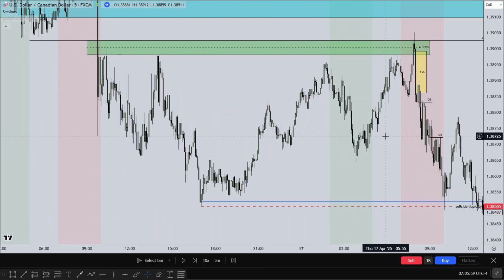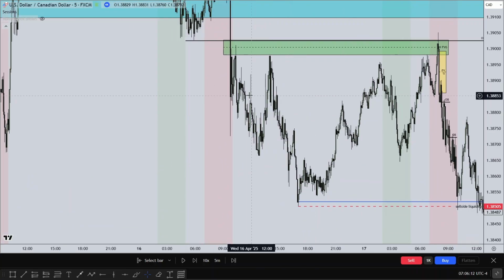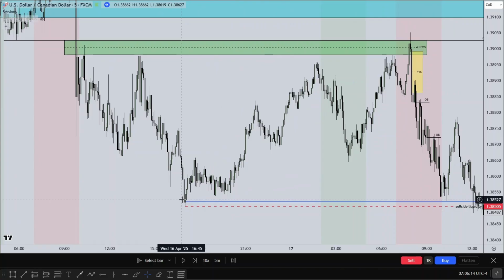Because in this example, remember, this is a build up. This entry wasn't just an entry I executed on, anticipating lower prices for price to take out the sell side liquidity. It was a build up from the daily time frame. Before the opening price, I told you guys I was anticipating lower prices.